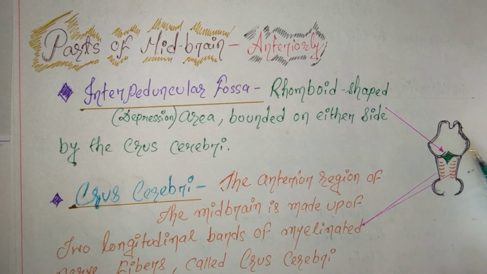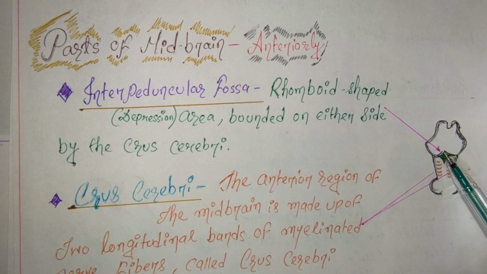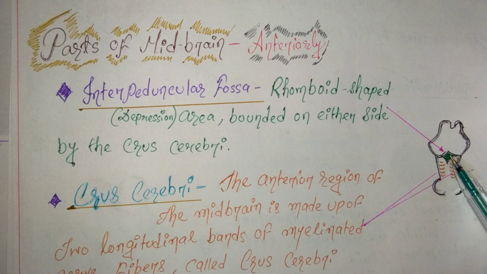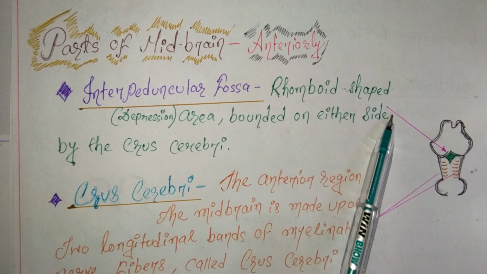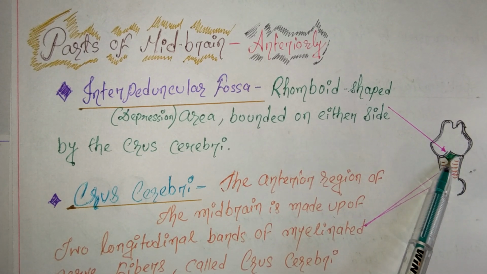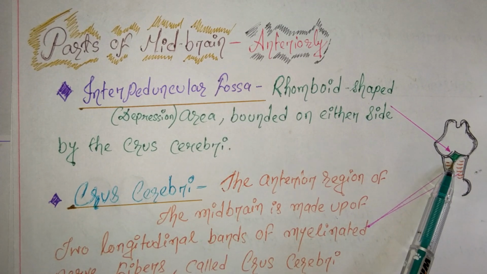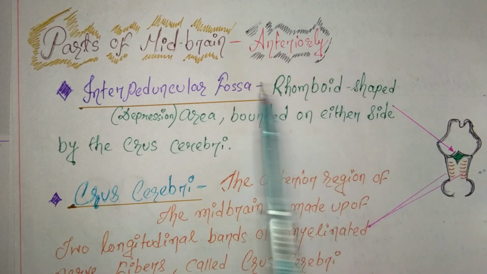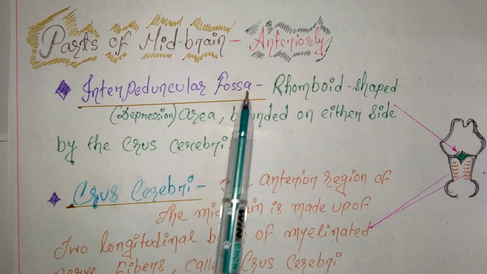Here we can find the interpeduncular fossa, this green portion. I wrote it in green pen for better understanding. So this green depressed area is the interpeduncular fossa, and I will explain its function in the physiology of midbrain video.